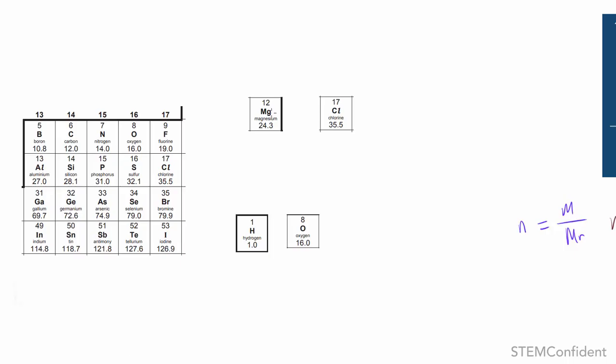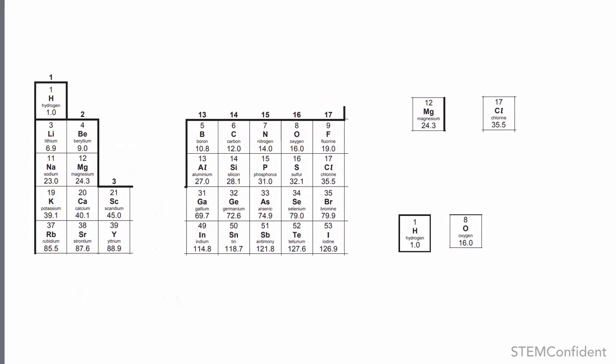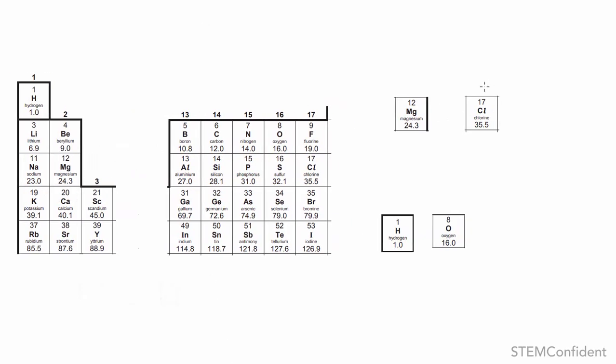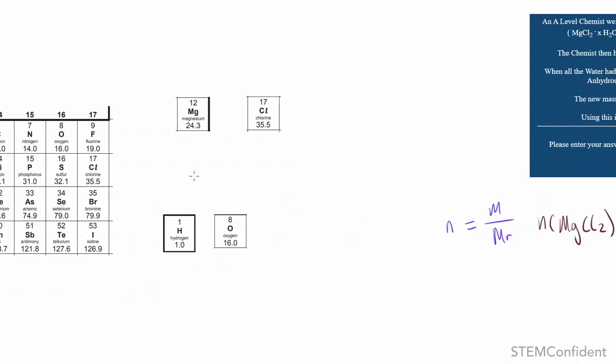So in terms of the molar mass for MgCl₂, we're going to need, of course, Mg and then chlorine, right? So Mr of MgCl₂ is going to be equal to 24.3 plus 2 multiplied by 35.5, okay?